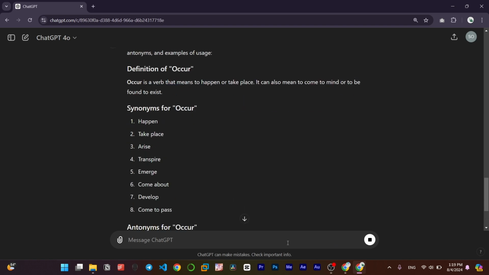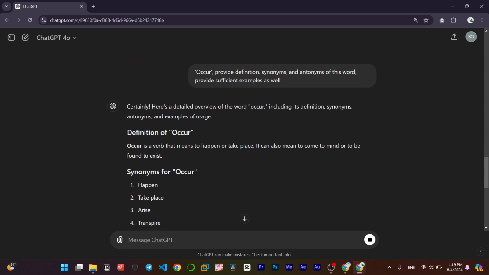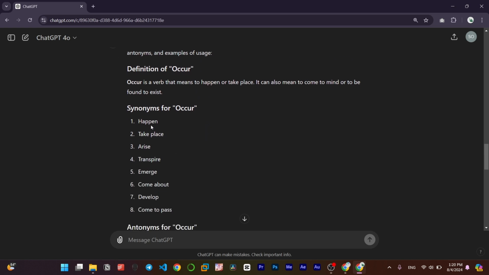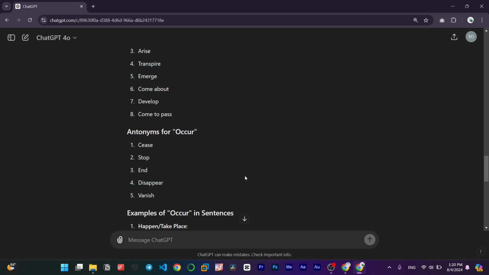As you see, this could be great. Okay, definitions. Occur is a verb that means to happen or take place. As you see, these are some synonyms: happen, take place, arise, transpire, emerge, come about, develop, and come to pass. I have to plug the charger into my laptop to prevent it from shutting down, and we need more performance.